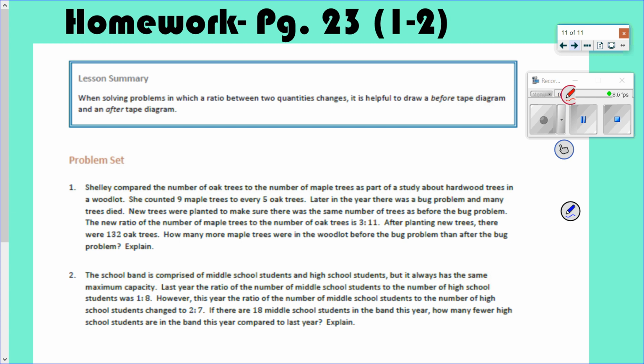On this one, this is where we're doing before and after tape diagrams. So I need to look at these. I'm going to do a before and an after for what I'm doing. Now, guys, I highly recommend, if you're struggling on this, when you get home tonight, look at the YouTube video. I'm going to pause it here, but I'm going to work out a couple of these kinds of problems on the YouTube video so that you'll have something to look at if you're struggling when you get home.